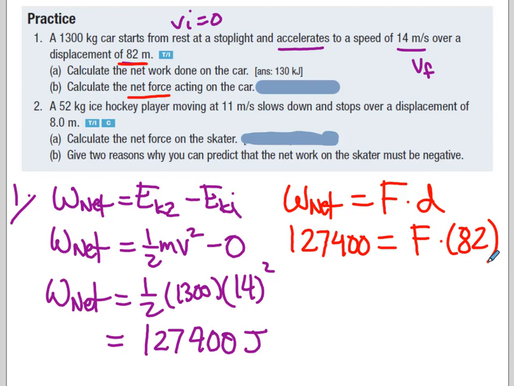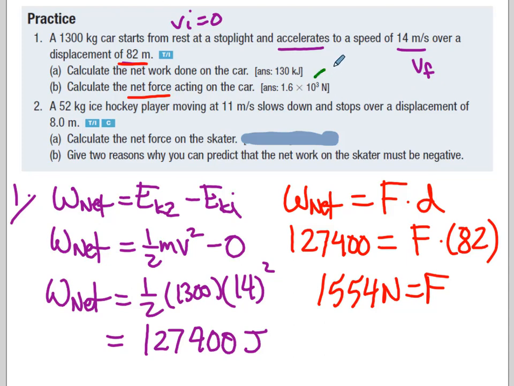So if I divide by 82, I get 1,554 newtons, and they probably rounded that off to 1.6 times 10 to the 3, just using scientific notation. So this really is just 1,600 newtons. And I'm okay with either. I can handle the rounding.